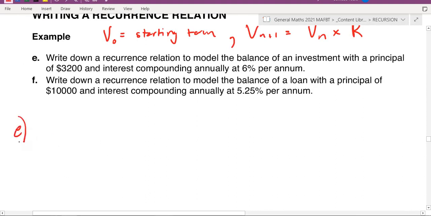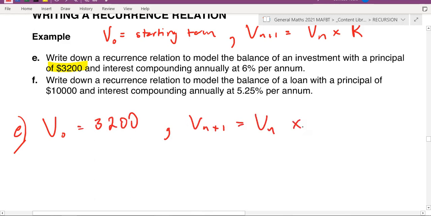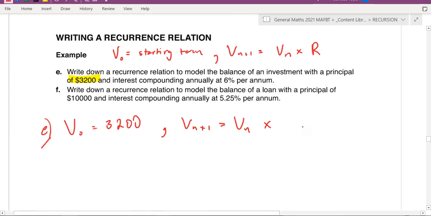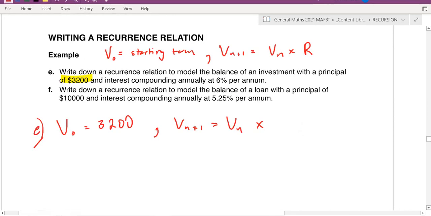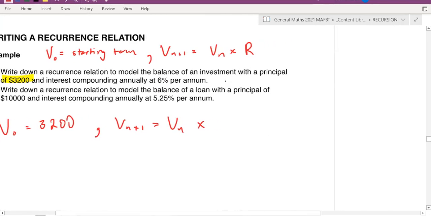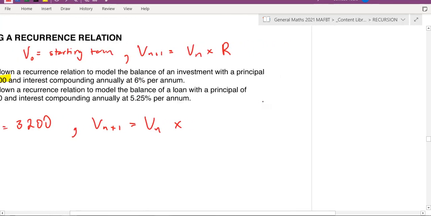So for part A or E, the recurrence relation for this question, V0, I can already see is 3,200. So let's start with that. V0 is 3,200, and Vn plus 1. How do you get the next term? Well, it's going to be Vn times R. This one's an investment and it's compounding annually, so it's increasing, not depreciating.